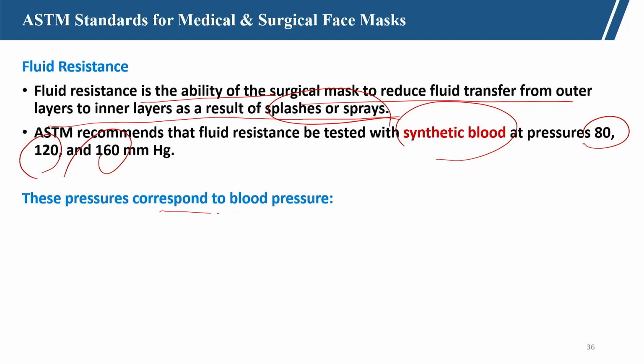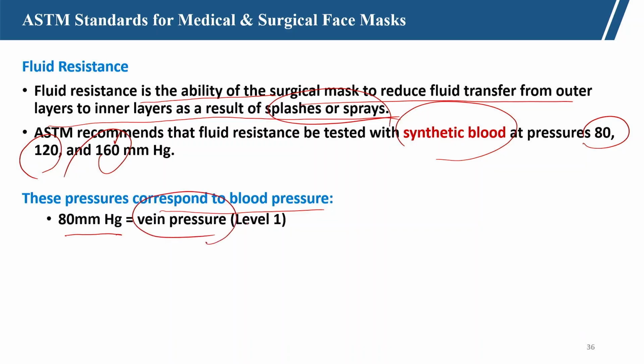These pressures correspond to blood pressure. 80 and 120 correspond to normal blood pressure, and 120 is during surgery. 80 denotes the vein pressure, that is level 1, the lower blood pressure. 120 is the artery pressure.